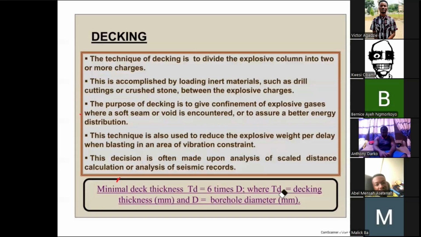So the explosive detonates and comes with heat and gases. Those gases will fill those cracks in the rocks, then the rock will shatter. That's where we get the fragmentation. So the fifth is that the air deck is very necessary. When you leave an air deck, it allows a good, uniform distribution of the explosive energy.